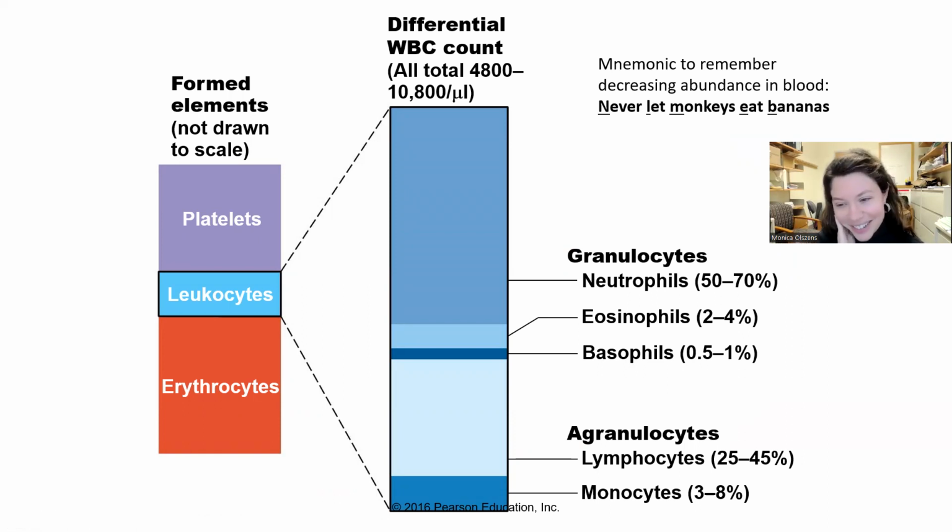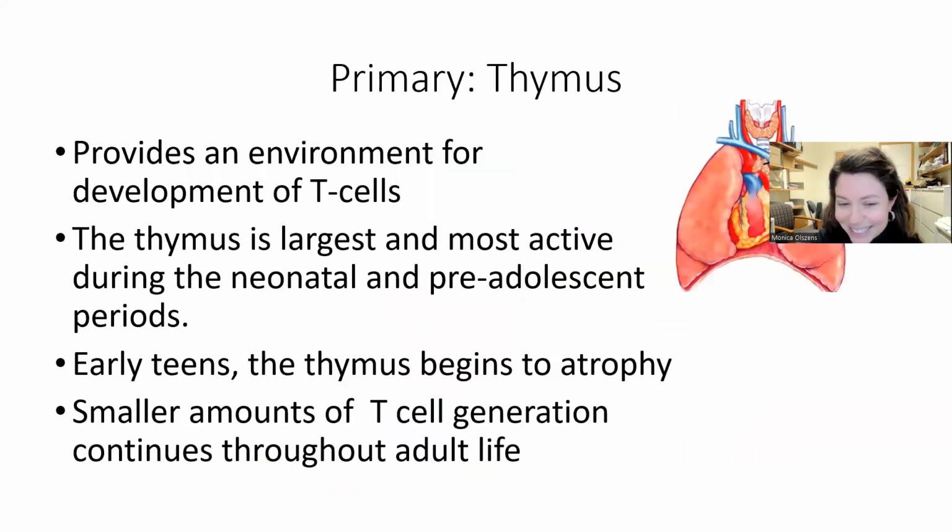I've definitely heard other mnemonics that weren't as helpful. All right, so we're talking about the 1% of your blood that is made of immune cells. Most of them are neutrophils, followed by lymphocytes, which are B and T cells, followed by monocytes, which are like young, naive macrophages, and then eosinophils and basophils. So you are welcome if you ever need to memorize that.